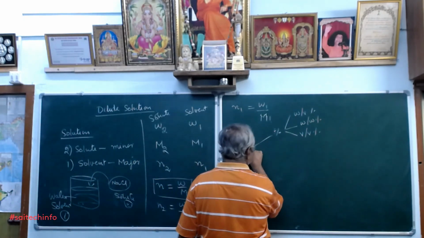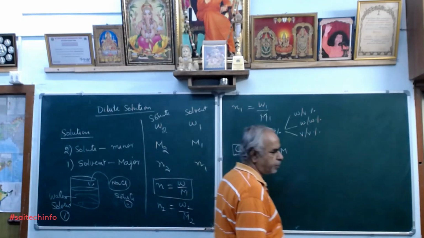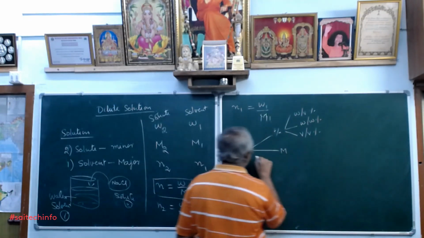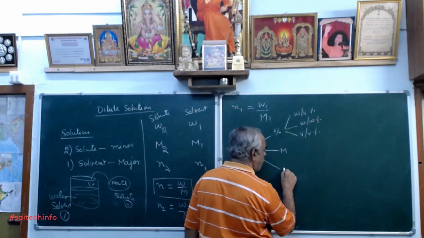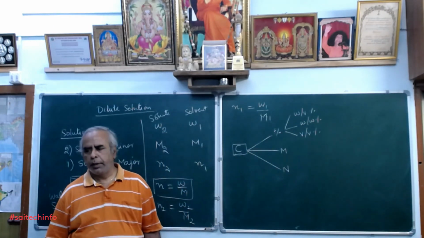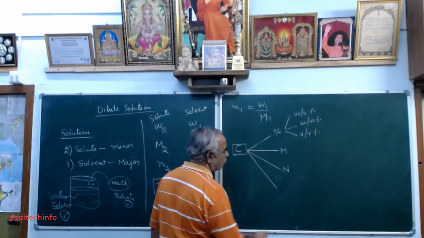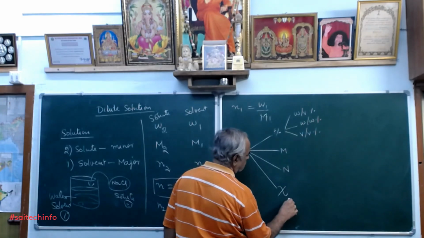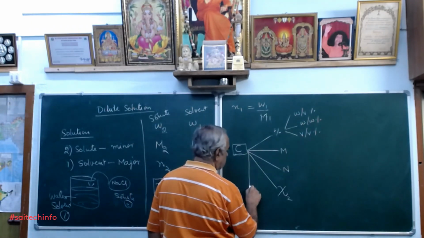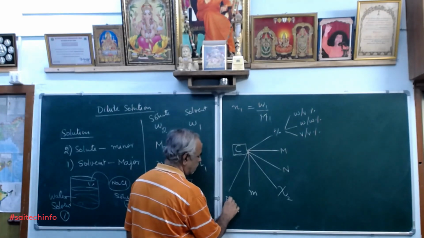And another expression for concentration is molarity. M represents molarity. Then you have another term called normality, N, capital N, normality. And then you have mole fraction. You can put mole fraction of solute. Then we have another term, molality, and parts per million.